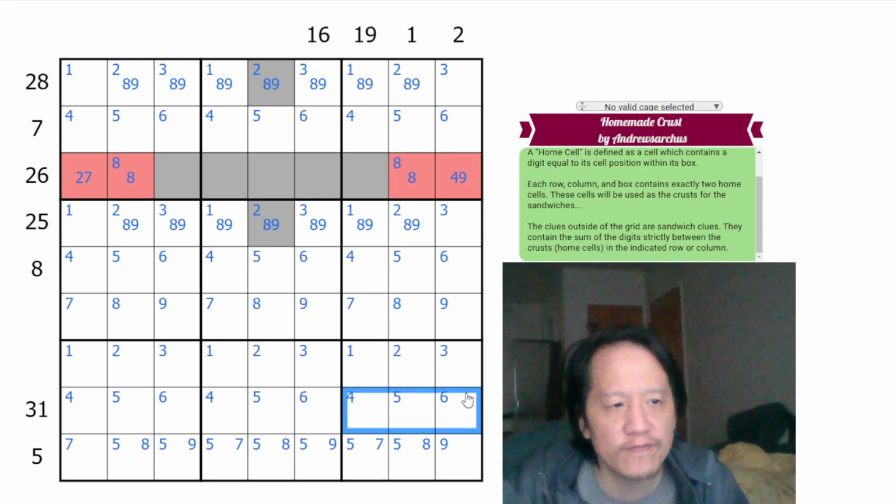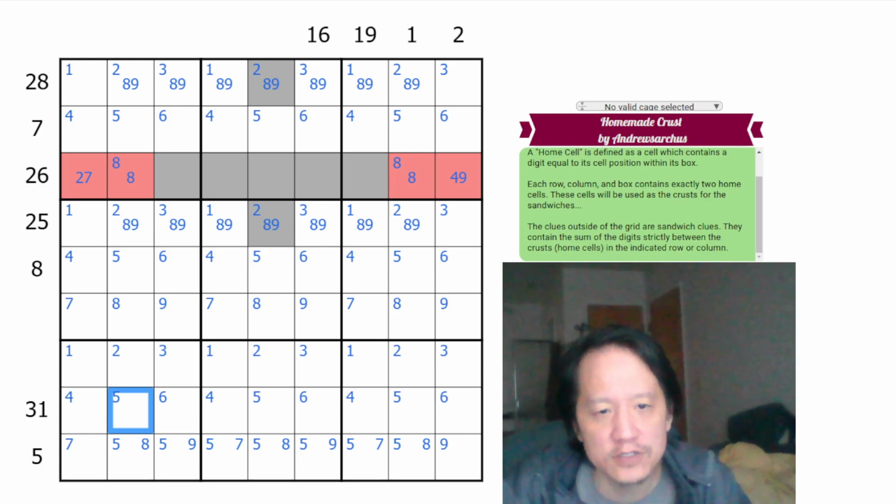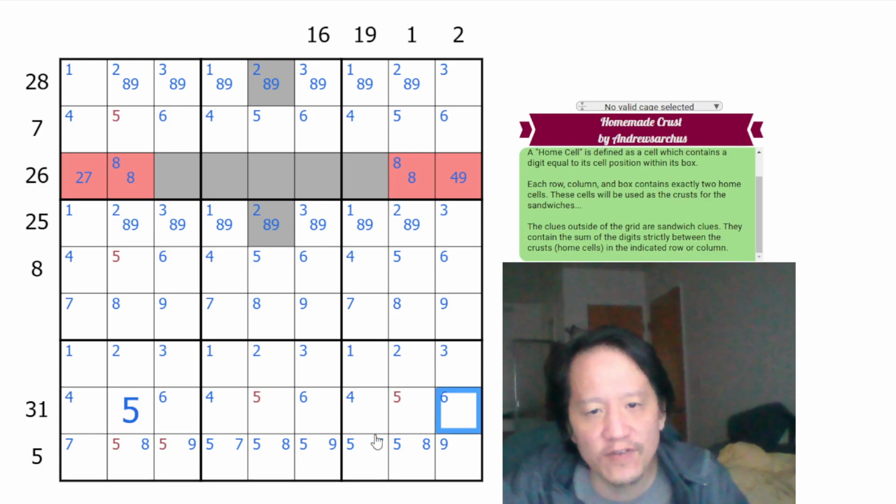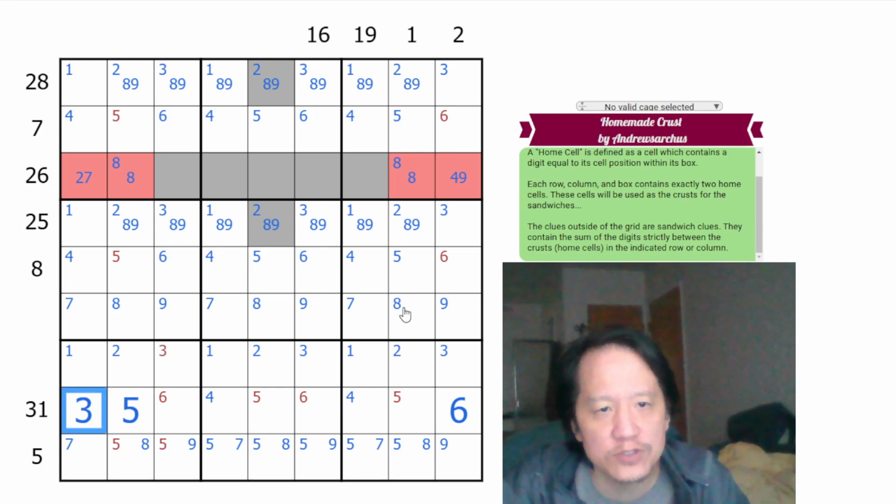So it cannot be 4, 6. So it has to be 5, 6. Right? If it's 5 and 6, that means you have 45 minus 11. So that would be 34. So then the 3 would be outside. Yes, so that actually does work. So this is 5, this is 6, and therefore this is 3.